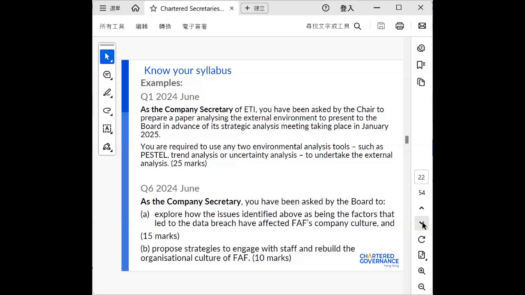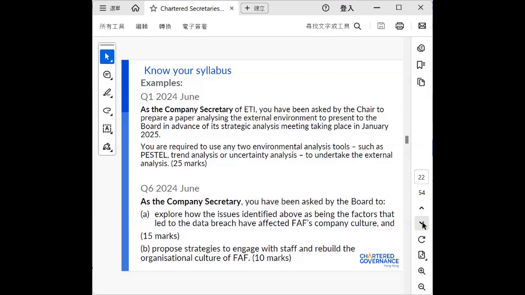So what I can say in here is that this module is quite different from the traditional strategic management module. You may have learned about similar things in your university, but I have to remind you that the focus is a little bit different.